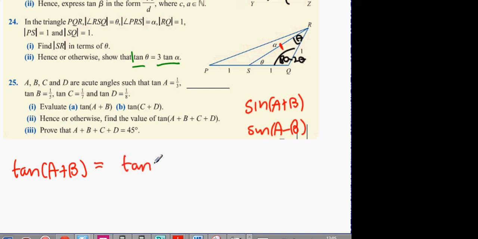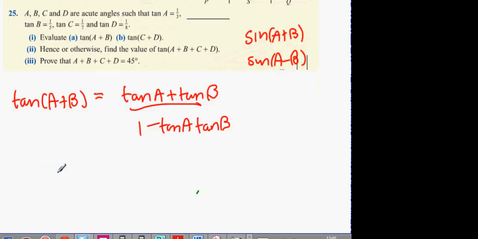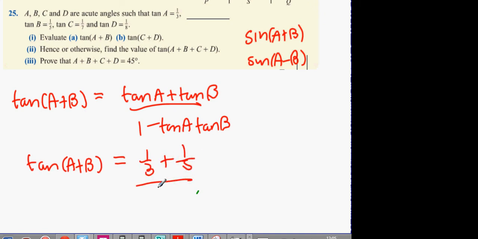Equals tan A plus tan B over 1 minus tan A tan B. Okay, then what? Then what, guys? Put in the numbers, right? Tan A plus B is going to be, somebody be quick with the calculator please. It's going to be a third plus a fifth over 1 minus a third times a fifth.